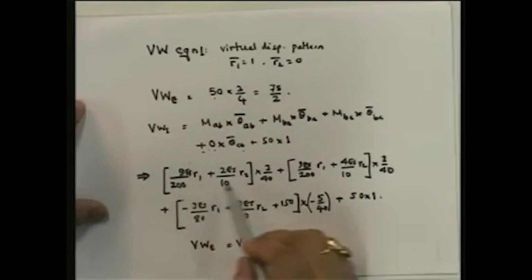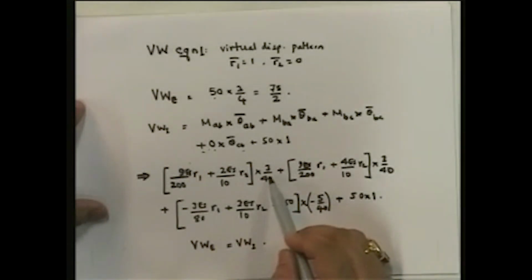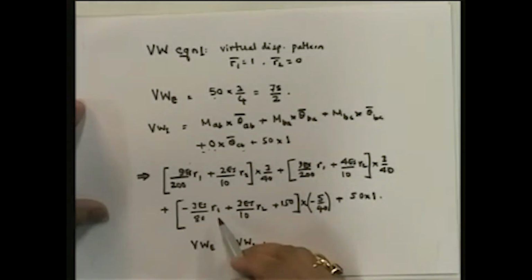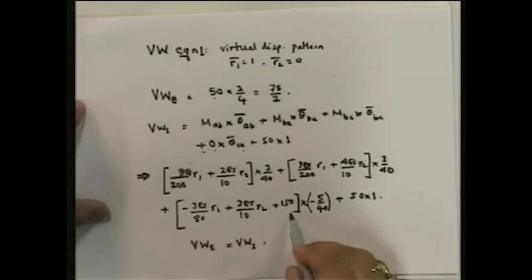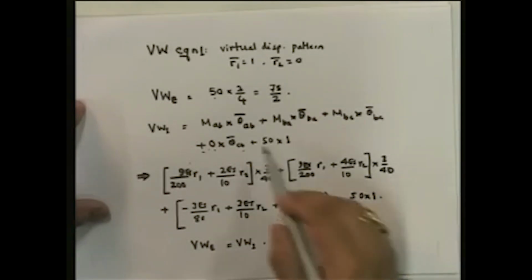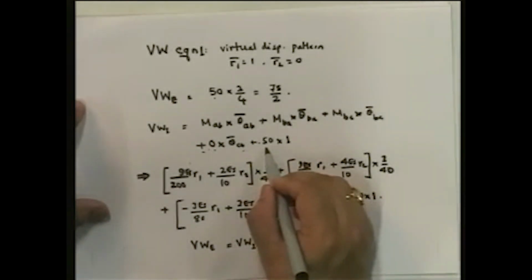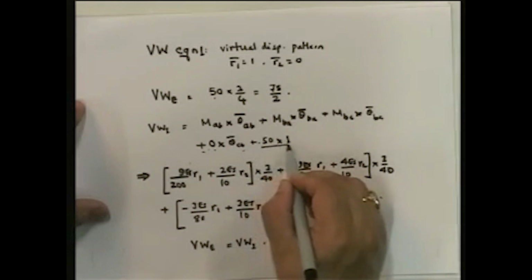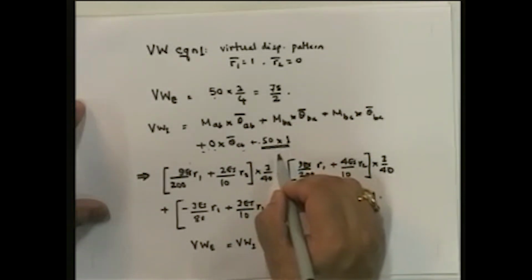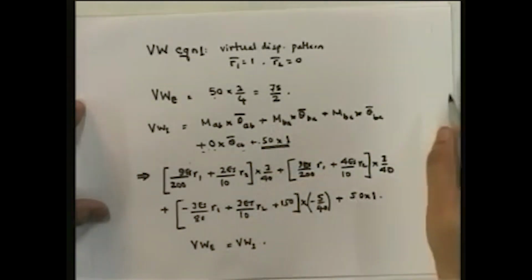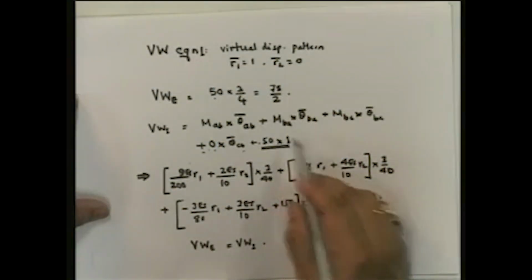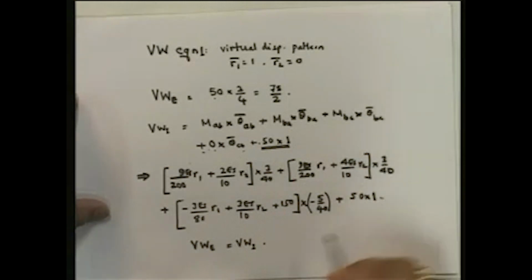So I substitute MAB from the previous equation and multiply it by this, plus MBC multiplied by this, plus 50 into 1. This is the support reaction due to the member load of 100 kilonewtons. If you remember, I had told you that this is something you have to consider. That support reaction goes up by 1, so the virtual work is 1.